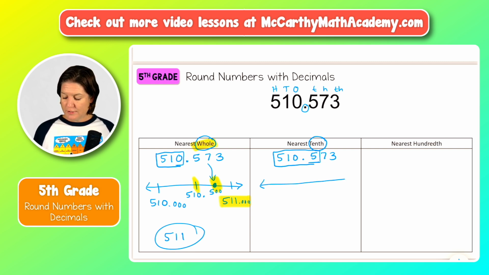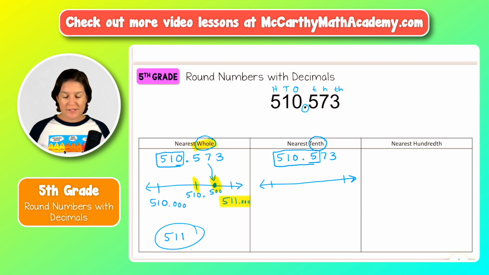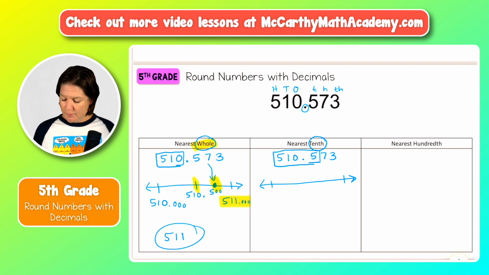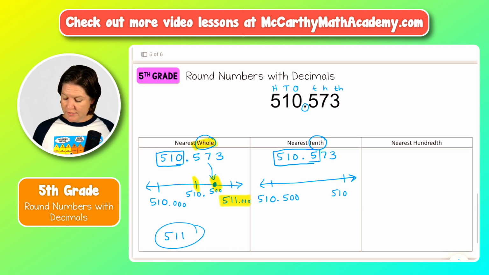Now throw down a number line, splat. The given number is between this and that. All right, so let's figure out what our this and our that are. It's the number in the box, just like that. And the next tenth, which would be 510 and 6 tenths.